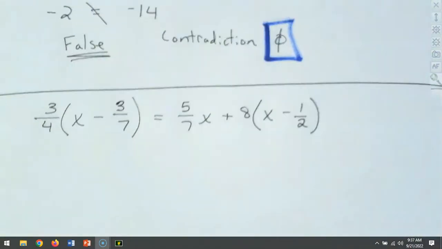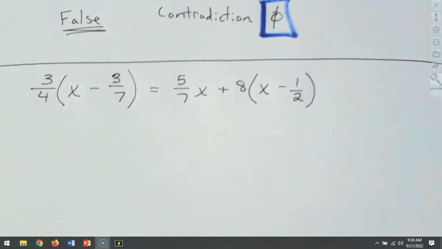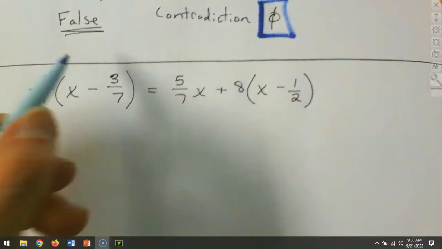Okay, so this one's got lots of fractions in it. And always, always get rid of those parentheses first. So that's the first thing that we always, no matter what, do. Parentheses go first. So distribute through.